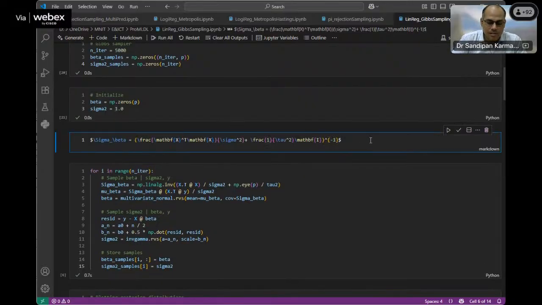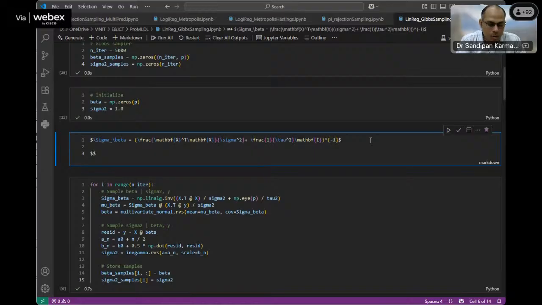So next is mu beta, equals sigma beta multiplied by x transpose y divided by sigma square.